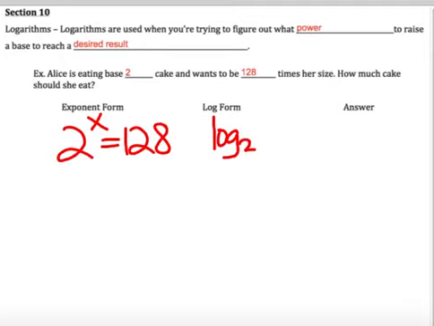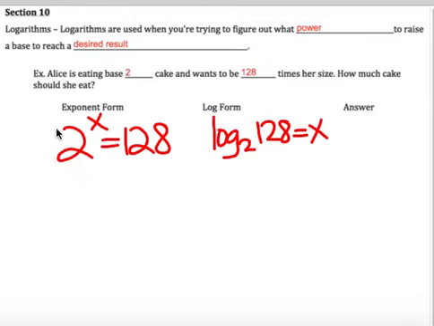So it's log base 2 of 128 equals x. Be really careful when you write this down: write log, and the 2 is next to the tail of the G and it's small, kind of like an exponent is small. Then 128 equals x.